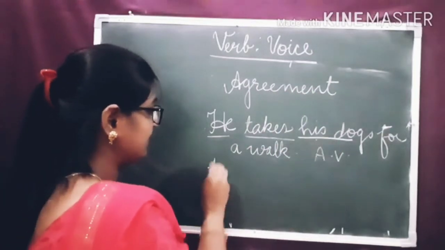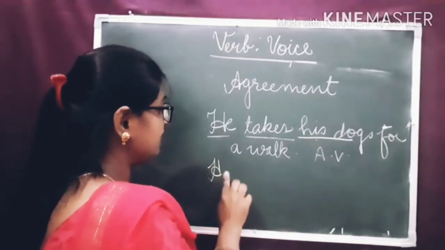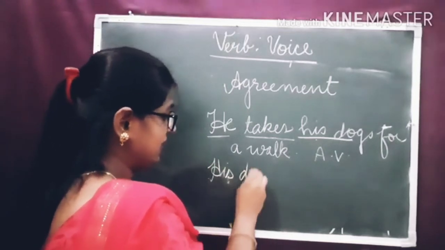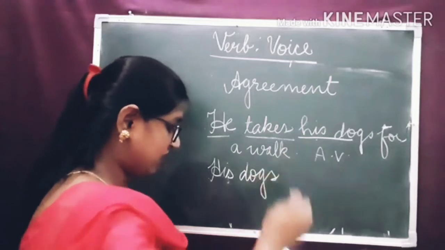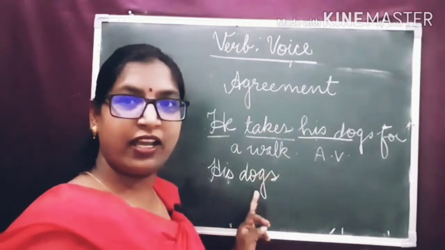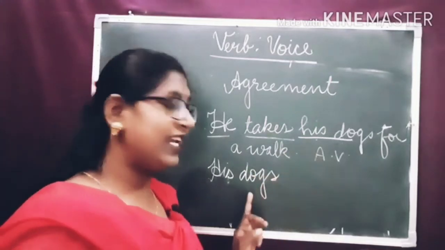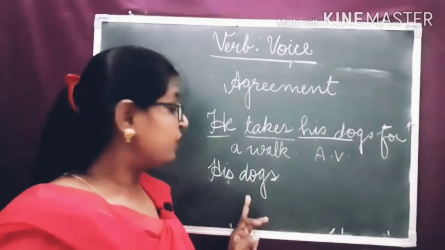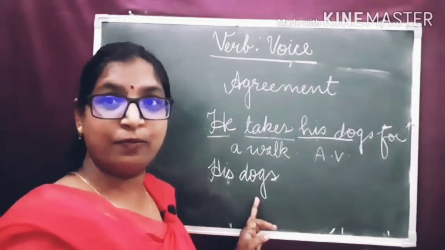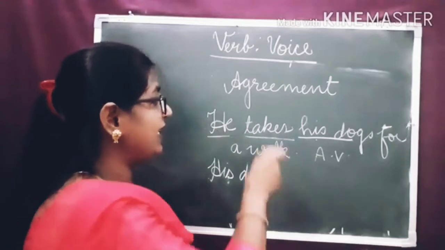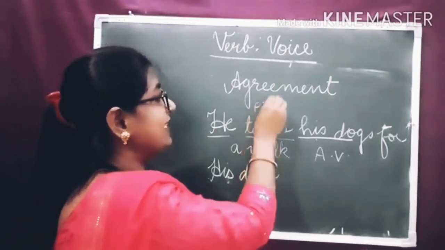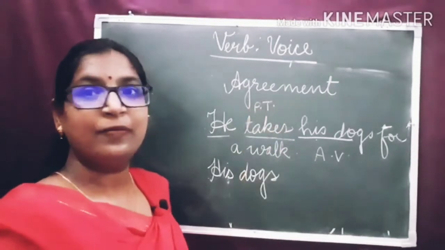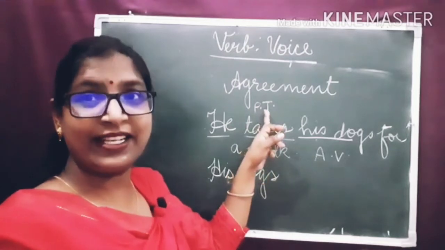His dogs becomes the subject. His dogs. Now dear children, here the object has taken the subject's place. So dogs is given in plural form. And here the verb is in present tense. Takes is in present tense.